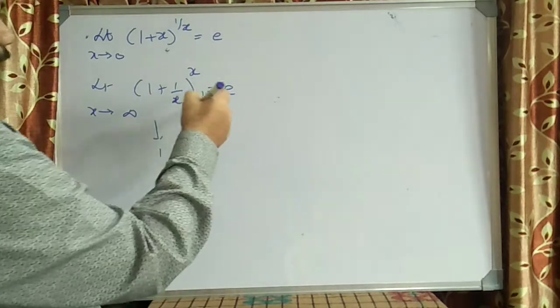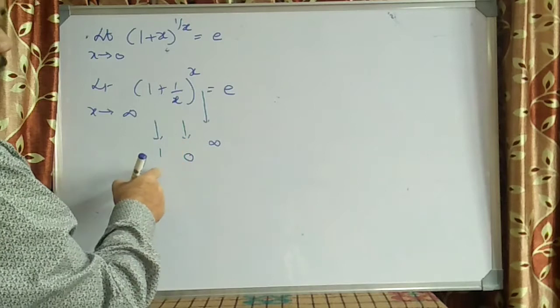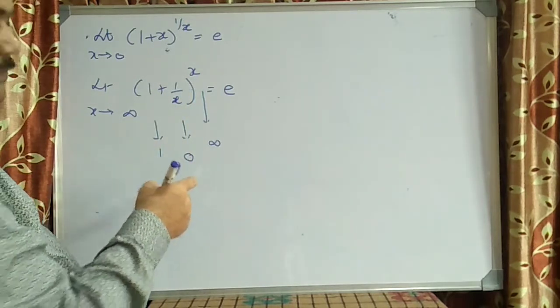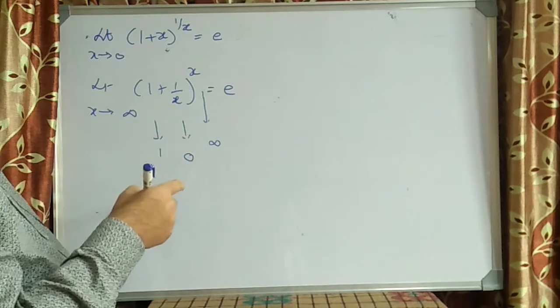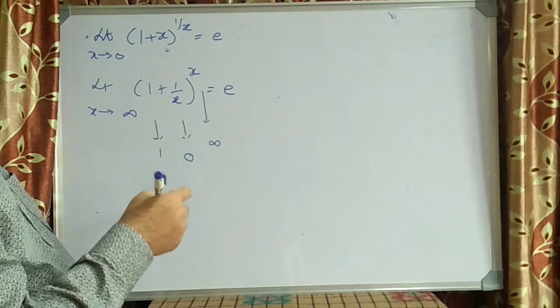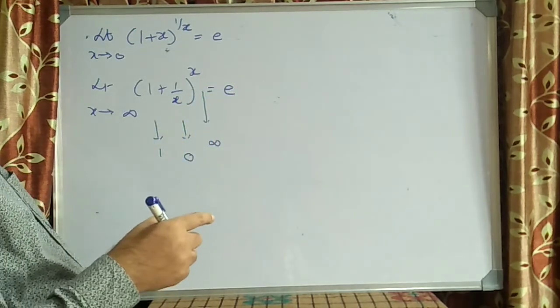Then I will get the answer as e. Not only that, the coefficients of the terms which tend to 0 as well as infinity are seen in the power of e.